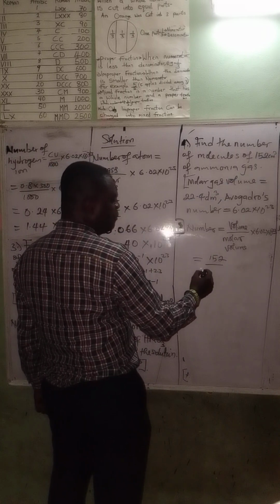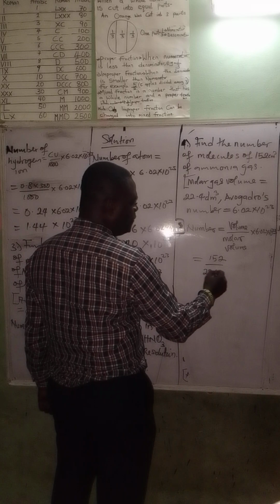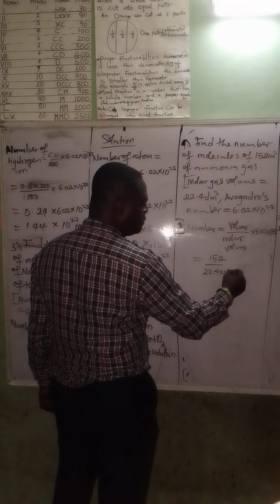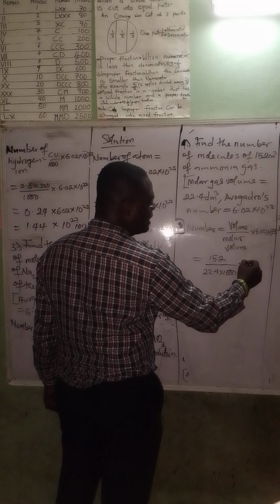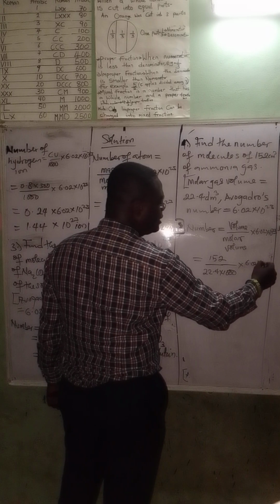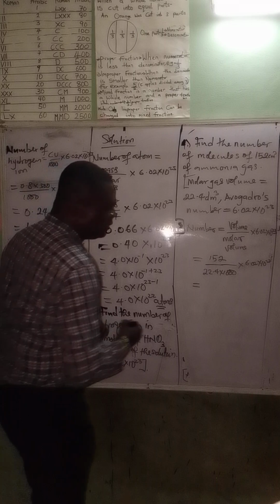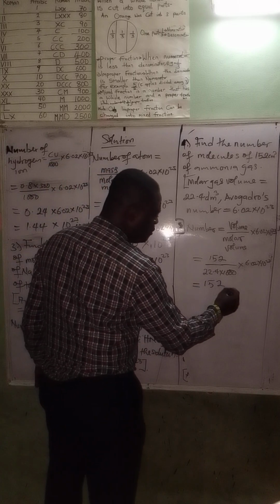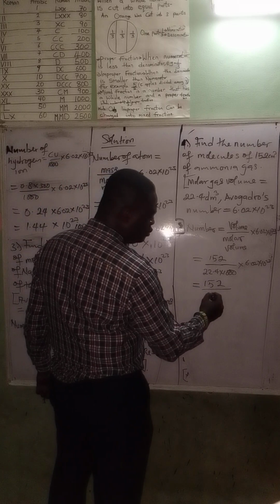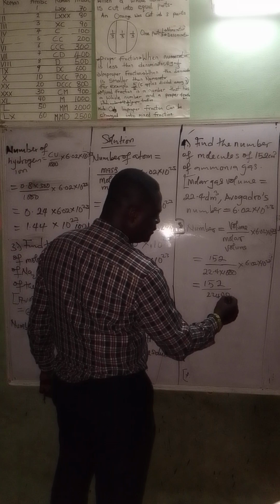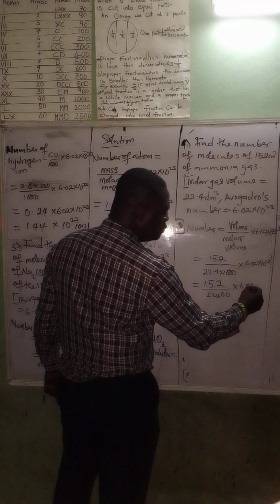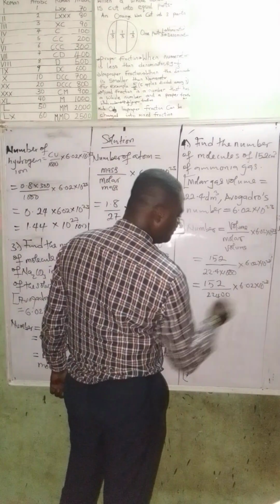What do I do? I multiply by 1000. 22.4 times 1000. Then everything times 6.02 times 10 to the power 23. So you can even finish it up here. This one becomes 152 over 22,400. Then times 6.02 times 10 to the power 23.